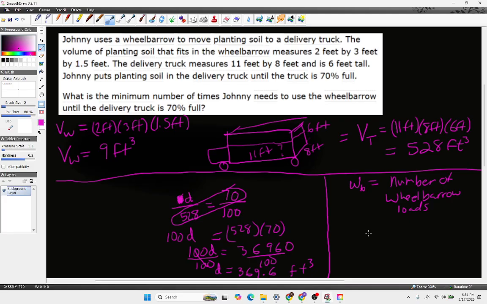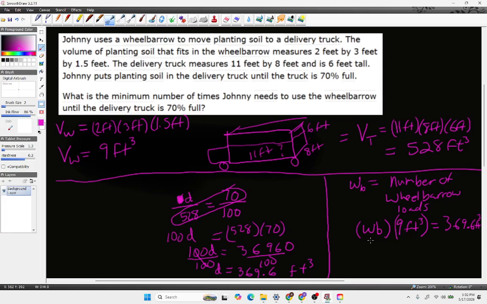All right, so we got some unknown number of the wheelbarrow loads times the amount of cubic feet of soil in each load, which is 9 cubic feet, which needs to come out to equal our total of 369.6 cubic feet.